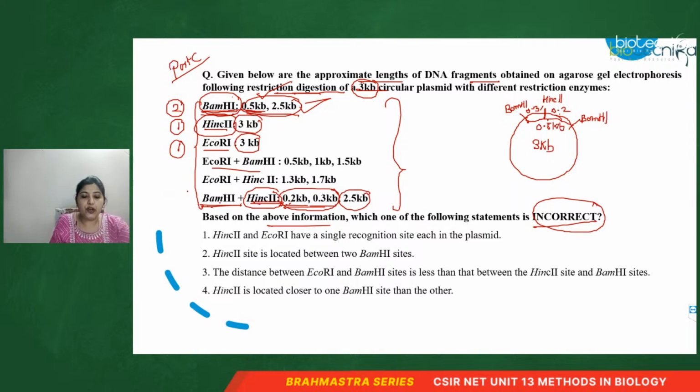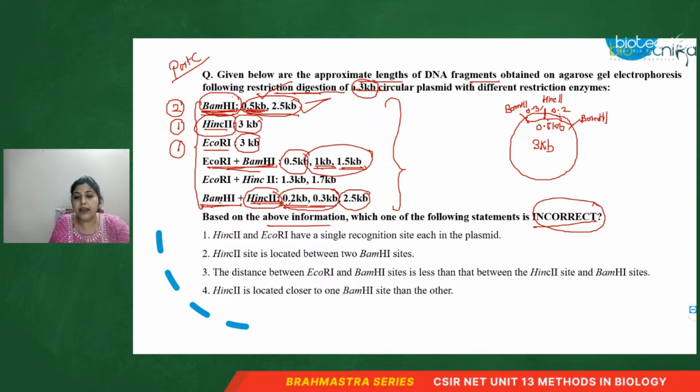Then we have to determine the location of EcoRI. If we look at EcoRI and BamHI double digestion, the 0.5 kb fragment is similar to the BamHI 0.5 kb fragment. But what is different? 1 kb and 1.5 kb. That is, on performing double digestion with EcoRI and BamHI, we are getting one fragment of 0.5 kb, which is common when we perform restriction digestion with only BamHI, but we also get 1 kb and 1.5 kb.